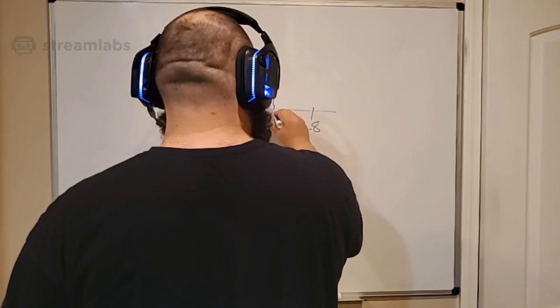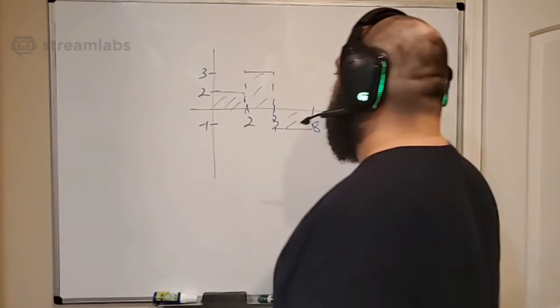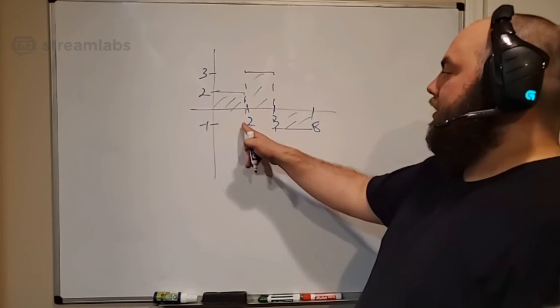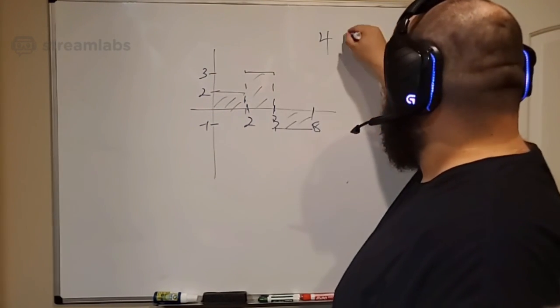So just find those areas and add and subtract. This is a rectangle of 2 and 2, so that's 4. This is a rectangle of 1 and 3, and that's one of 5 and -1. So 9 minus 5 is 4.